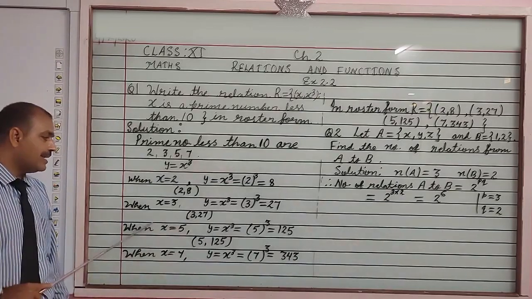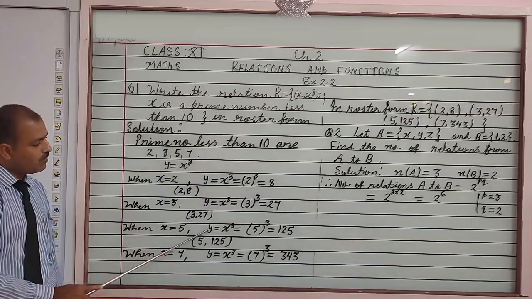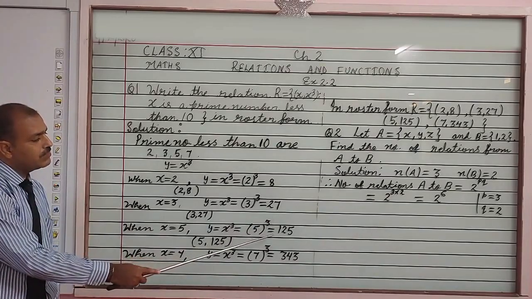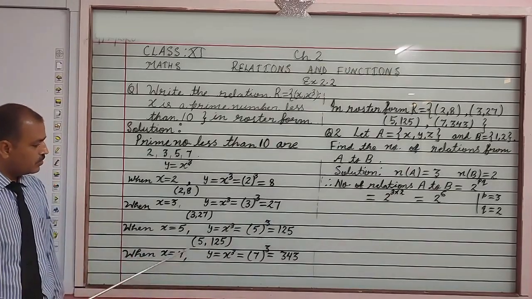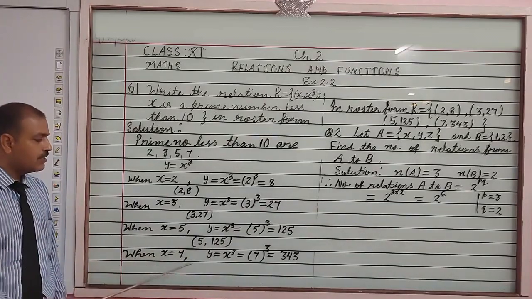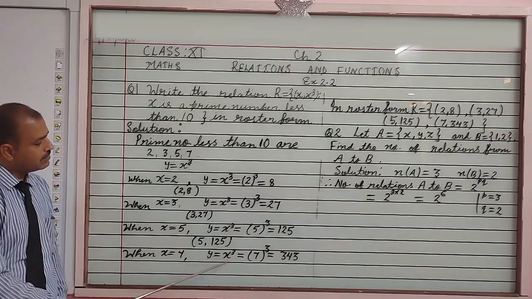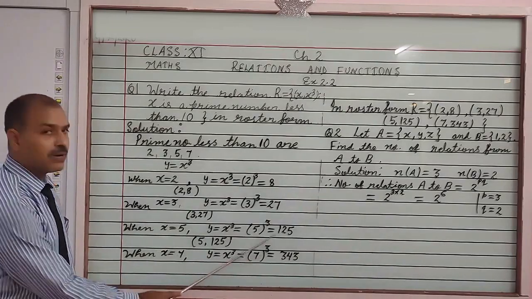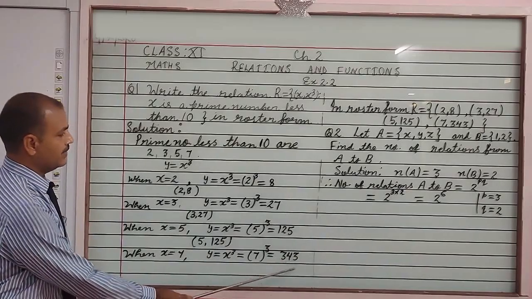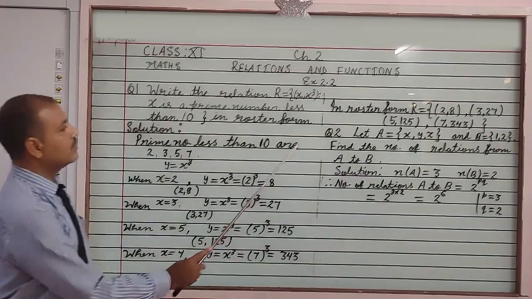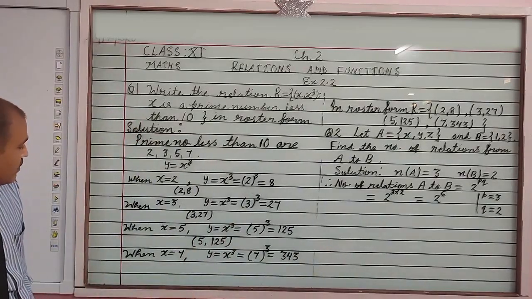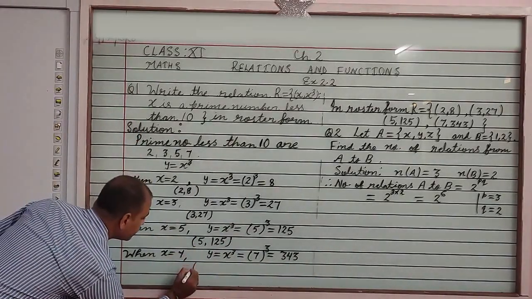Similarly, when x is equal to 5, 5 cube is 125. So (5, 125). When x is equal to 7, 7 cube is 343. So (7, 343).